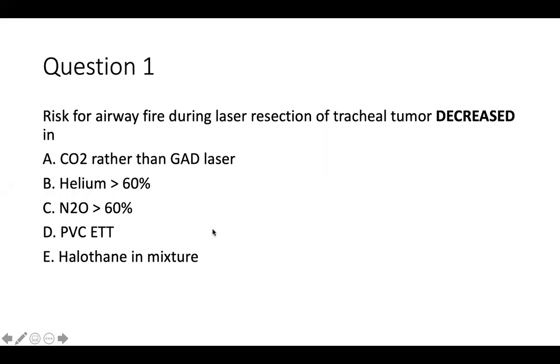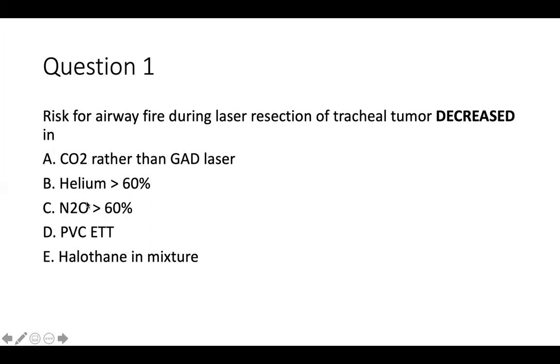Risk for airway fire during laser resection of a tracheal tumor is decreased in, okay, A, CO2 rather than a YAG laser, B, helium greater than 60%, C, nitrous greater than 60%, D, PVC endotracheal tube, E, halothane mixture. All right, so first of all, we know that C is incorrect, right?